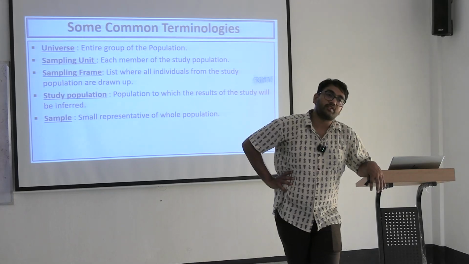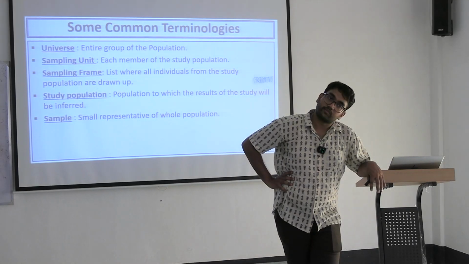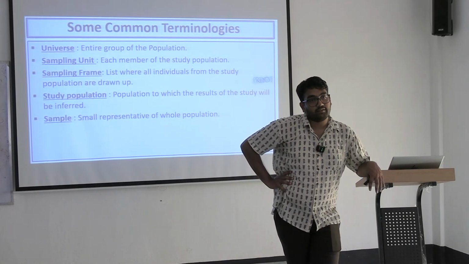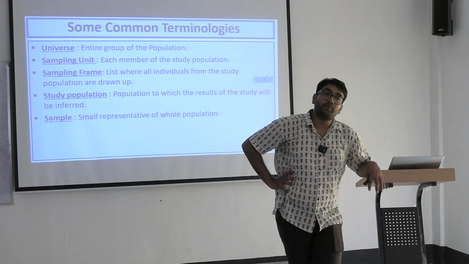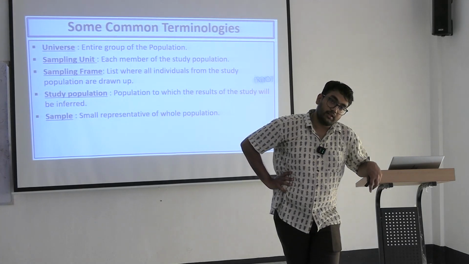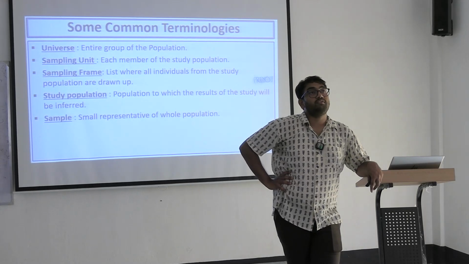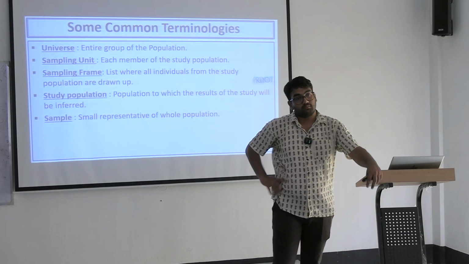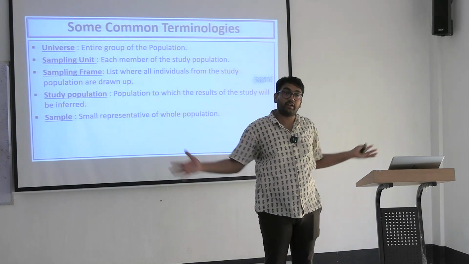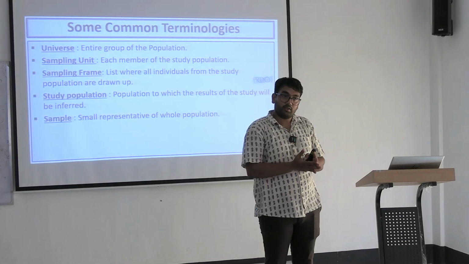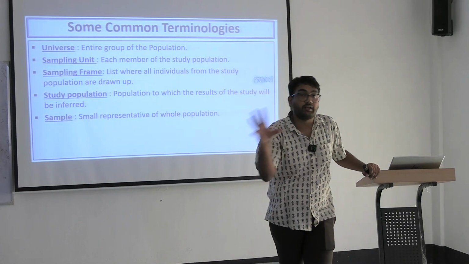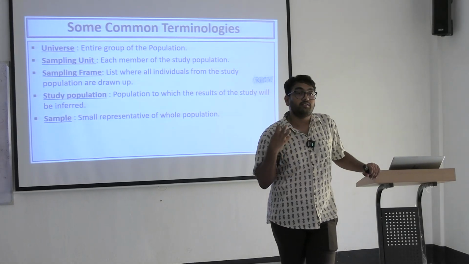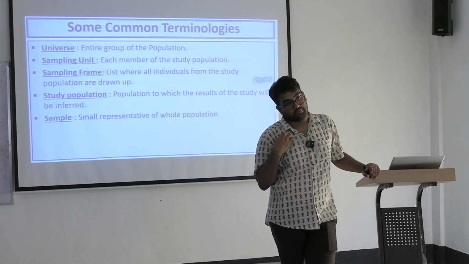Then adolescents constitute the universe. But when I do the study, my capacity is within Birbhum district of West Bengal only. Then suppose I am able to sample from the entire Birbhum district, then the adolescents of Birbhum district are my study population.